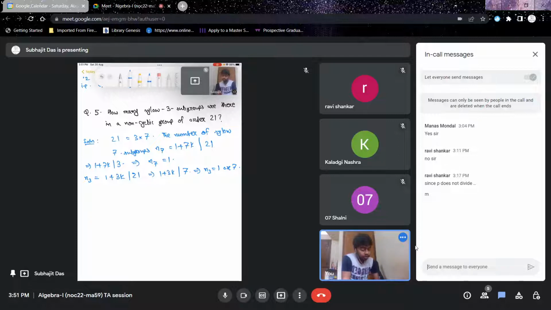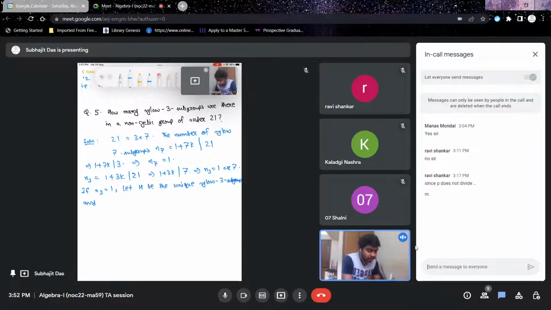So if N3 is equal to 1, that is, the number of Sylow 3 subgroups is equal to 1, what happens? Okay, let's see. There is a unique Sylow 3 subgroup, which has to be normal therefore, right? So let H be the unique Sylow 3 subgroup, and we have already found that the number of Sylow 7 subgroups is 1.